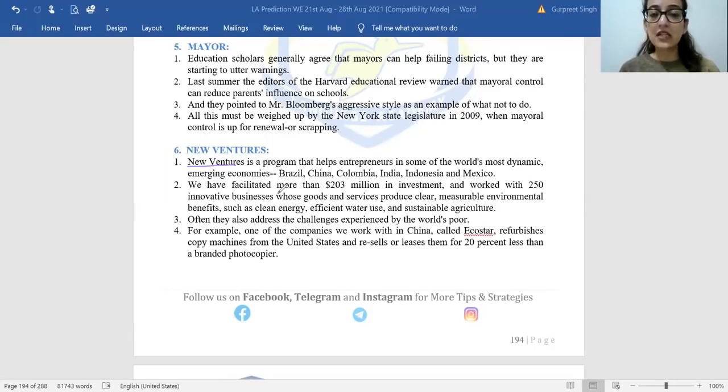We have facilitated more than $203 million in investment and worked with 250 innovative businesses whose goods and services produce clear, measurable environmental benefits such as this, and this. So in this sentence, first one, they said that there is some kind of program. This has to come first because it's a definition.